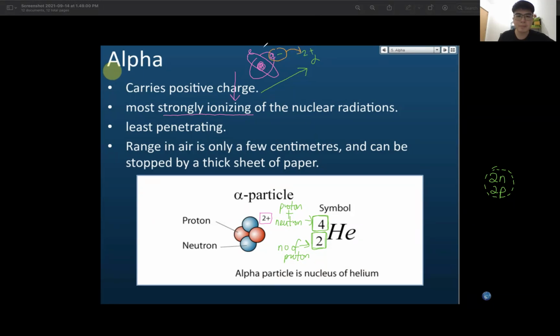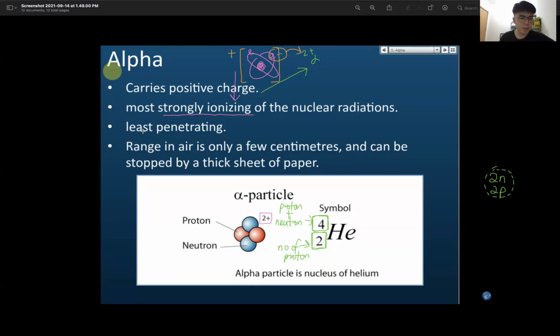What happens to this atom? It becomes an ion, because now it loses one electron, so it becomes positive. This process of pulling the electron out and making the atom become an ion, we call ionization. So alpha is the most strongly ionizing of the nuclear radiations. Can you guess why? Because of the high charge, 2+.